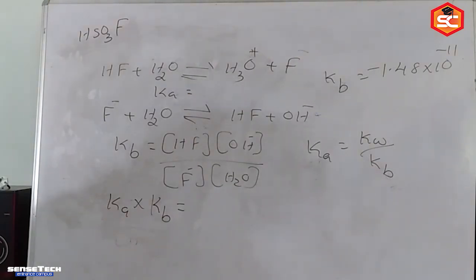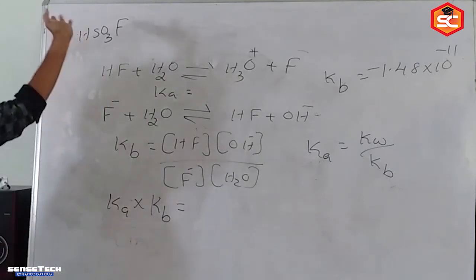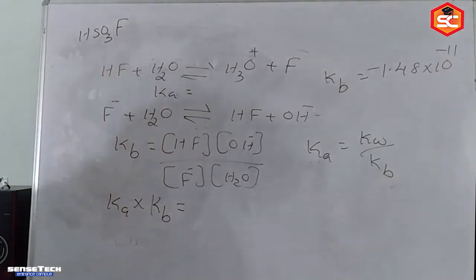So the increasing order is HCO3 minus less than H3O plus less than HSO4 minus less than HSO3F. Actually, we are writing that answer on the basis of pKa value. We cannot memorize all the pKa values, but for acid strength you just need to know which acid falls under the category of super acid.